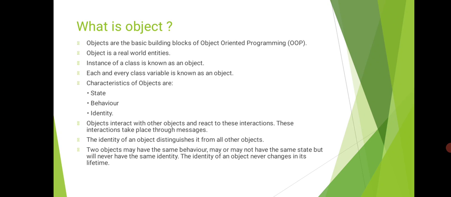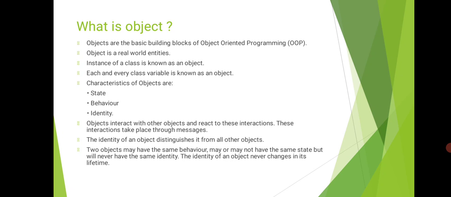So here, for example, we have customers, two customers. Let there be a customer class. In that customer class we have various attributes like customer ID, customer name, and customer age. The objects of the customer class are C1 and C2.